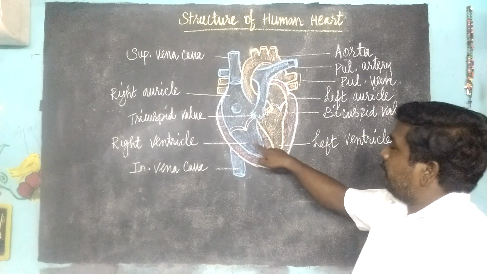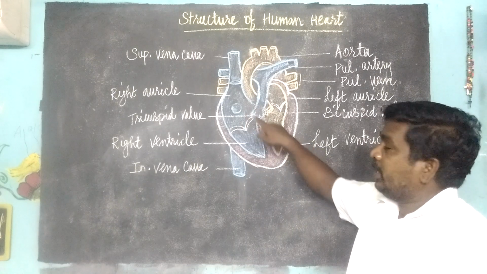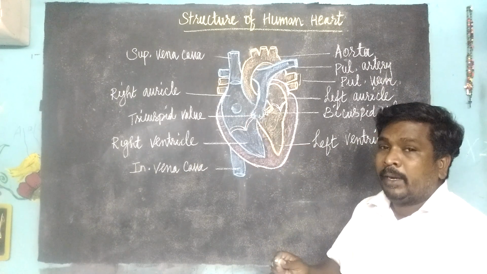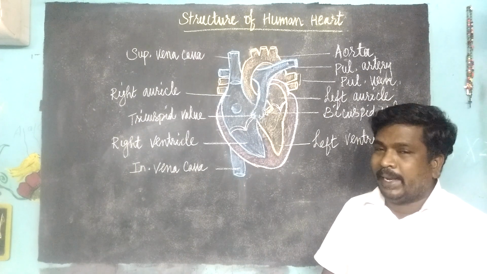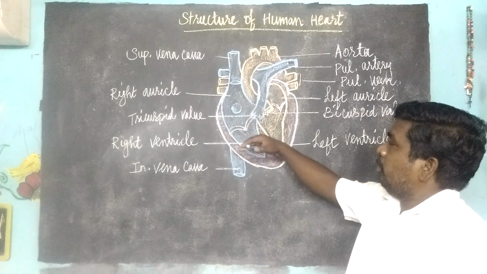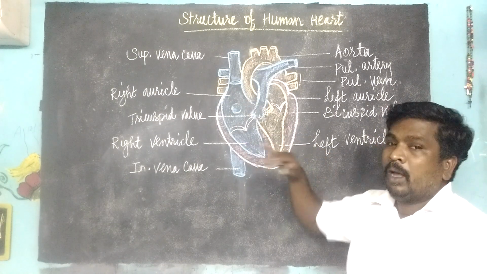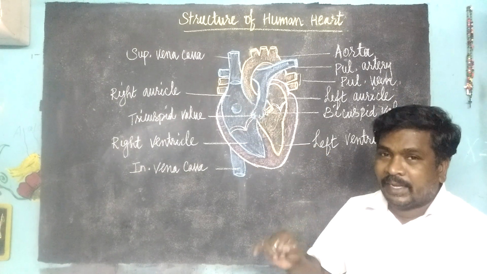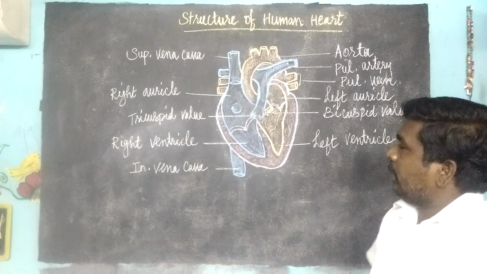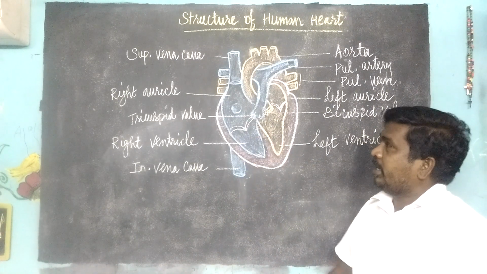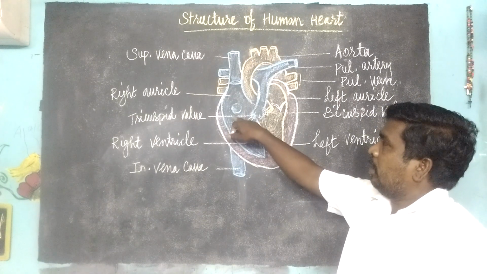Okay, so the ventricles are thicker than the auricles because they have to pump the blood. Only then can the blood be distributed all over the organs as well as the lungs. So when you compare the walls of the auricles and ventricles, the ventricular wall is thicker than that of the auricle. The right ventricle receives deoxygenated blood from the right auricle.